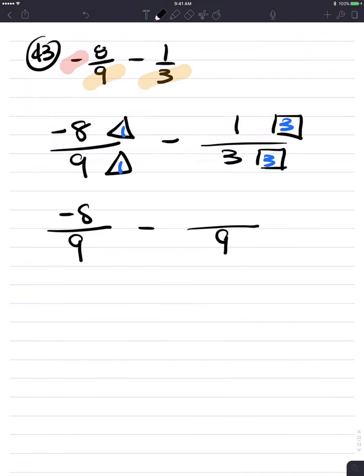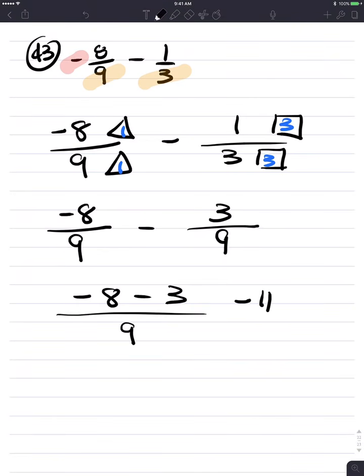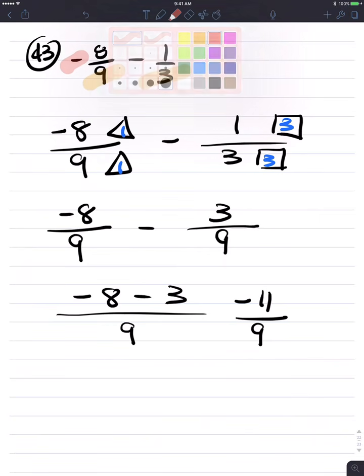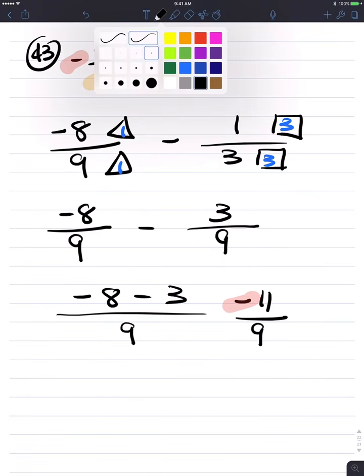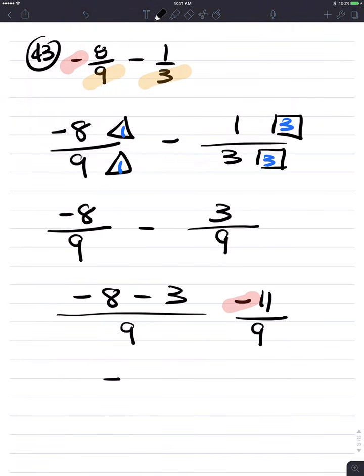Negative 8 times 1 is negative 8. 1 times 3 is 3. Negative 8 minus 3 over 9, and we get negative 11 over 9. Now that negative sign in the numerator can be placed at the same level as our division sign.